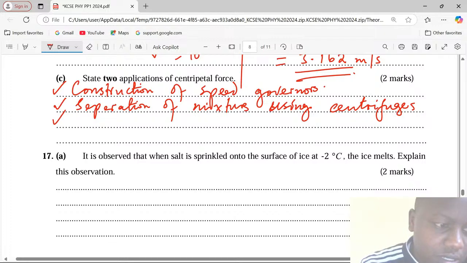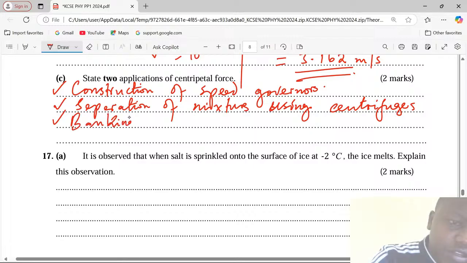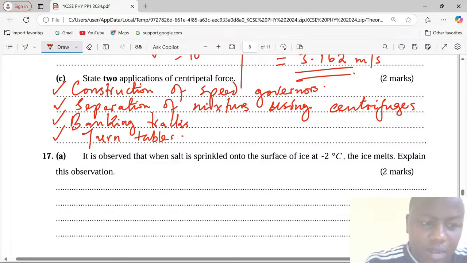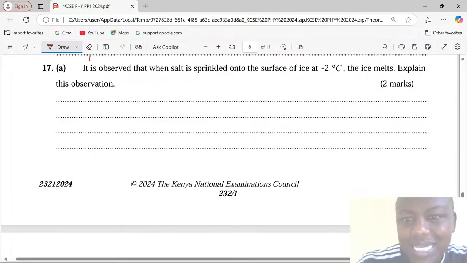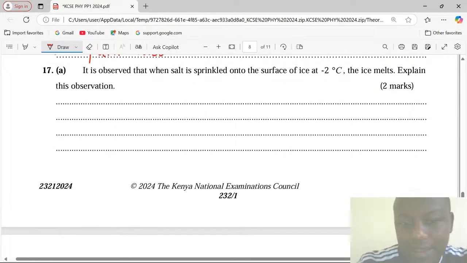We have banking tracks, or simply roads. The applications are many. We can use them in turntables, merry-go-rounds, washing machines, etc. There are very many.